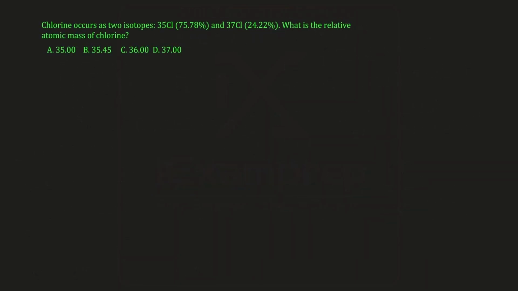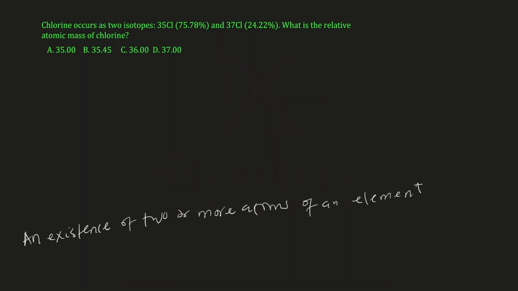Now, what is isotopy and what does it really mean? Isotopy is defined as the existence of 2 or more atoms of an element with the same atomic number. Of course, if they are the same element, they should have the same atomic number. So with the same atomic number, but different mass number.